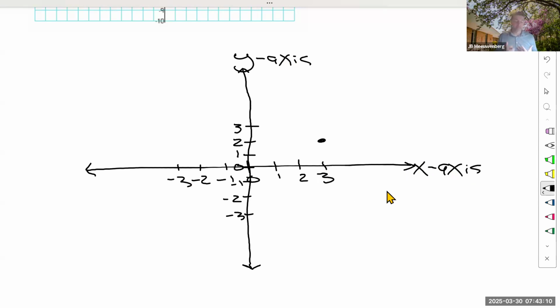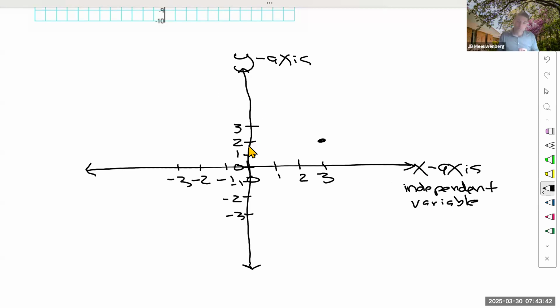Another important thing to note is that when we give these things meaning, because a lot of real world situations can be graphed on a coordinate plane like this, there's always an input and an output. The input is what we call the independent variable. This is the independent variable.